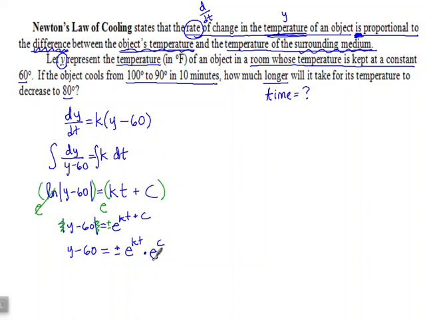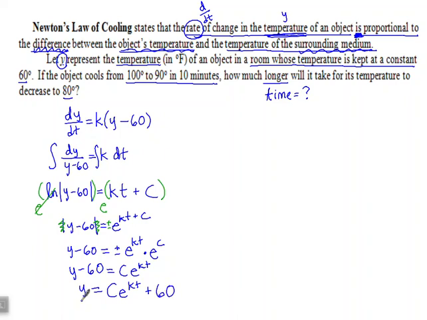So let's go ahead and multiply the constant times a positive or negative constant, still a constant, and it gives us y minus 60 equals C e to the kt. And finally, adding 60 to both sides leaves us with y equals C e to the kt plus 60.